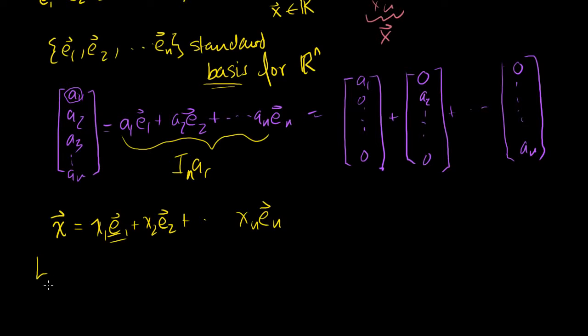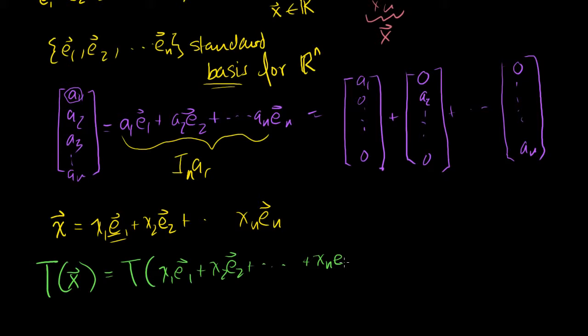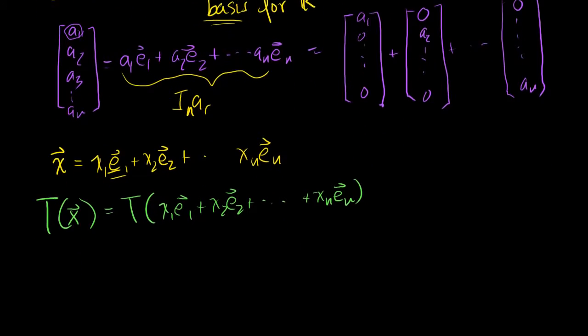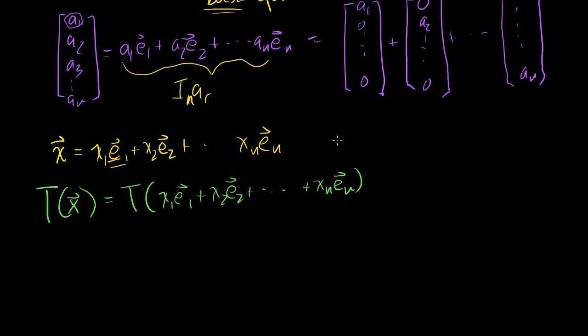I used L by accident because I was thinking linear. So the transformation of x is the same as the transformation of x1 times e1 plus x2 times e2, all the way to plus xn times en. They're equivalent statements. Now, from the definition of linear transformations, we know that the transformation of the sum is equal to the sum of the transformations.